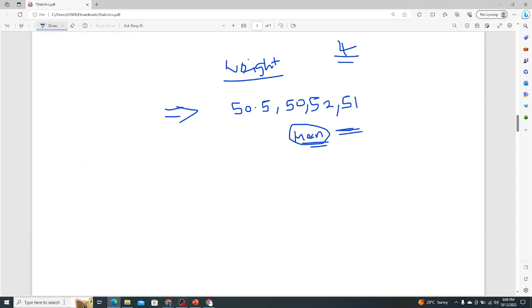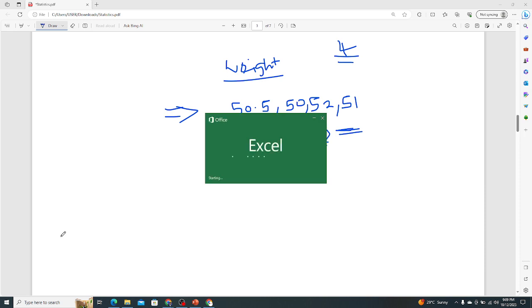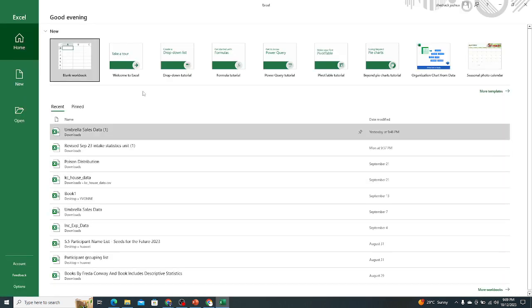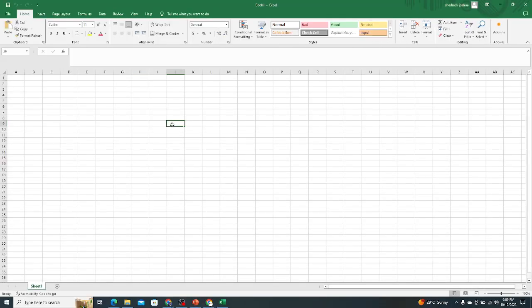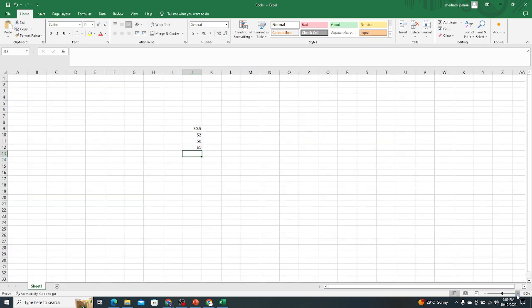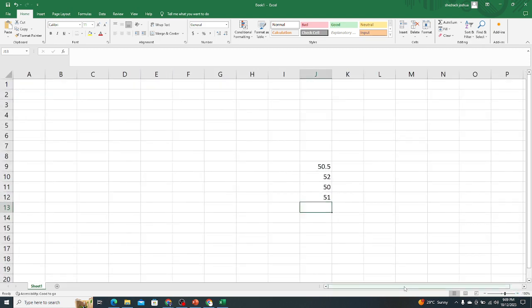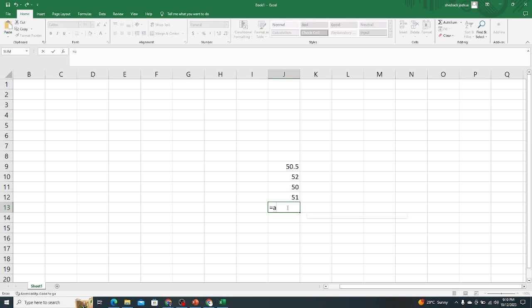Anyway, let me use Excel so that I may show you a very quick way of calculating and also illustrating it. So we have 50.5, 52, 50, and 51. All right, so we need the mean. The mean is the average.